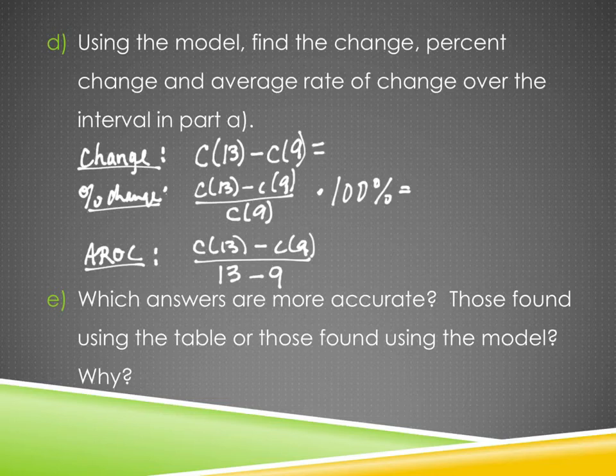Okay, so what I'd like you to do is to go into your regular screen, which is second mode. You can clear out what's there if there's anything in there right now. You don't need it. And I want you to pull up that Y1. Hit vars, Y-vars, function, Y1. That's the function that you've stored into Y1 in your calculator, the exponential function we just created a moment ago.